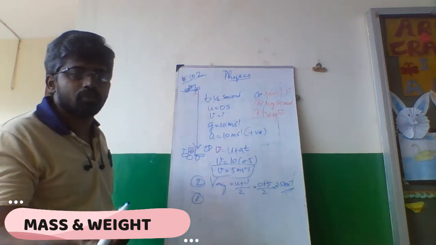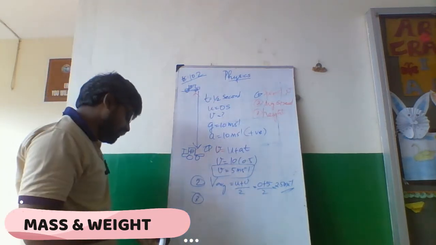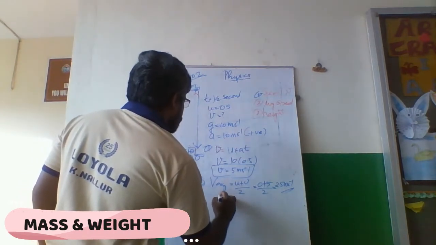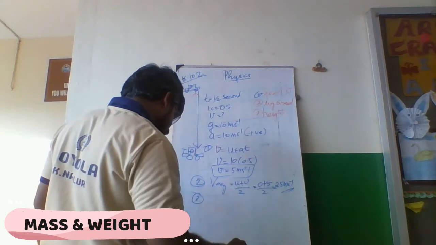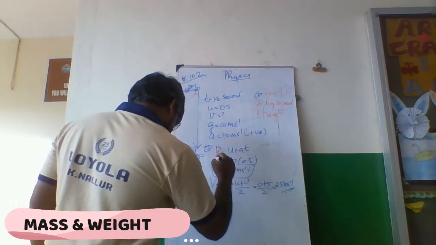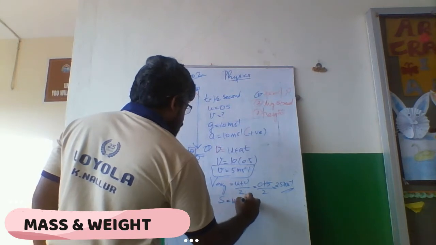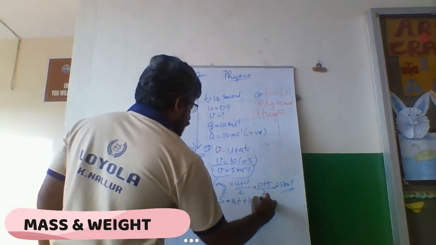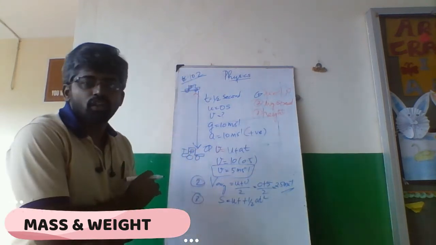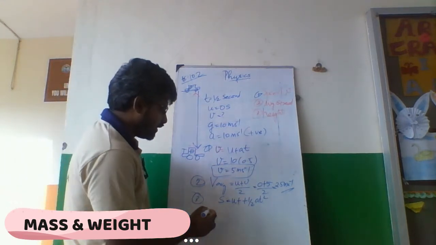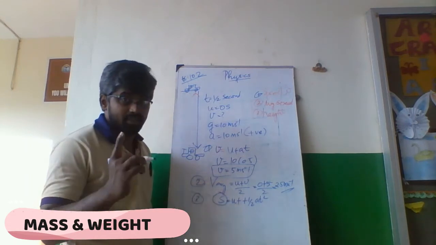Okay, what is the formula? Simple. The formula is v is equal to u plus at, s is equal to ut plus half at square. Now this s is called displacement.